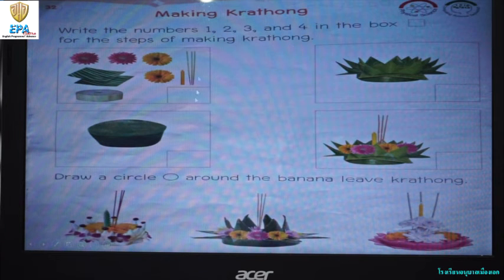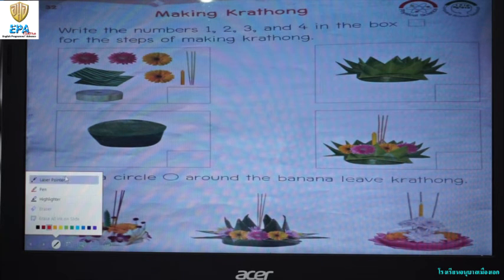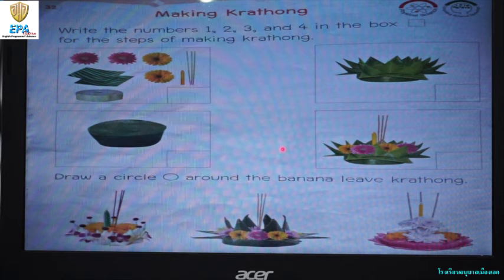So what do you think is the first step in making a kratom? The first step is you have to prepare the materials. And you already know the materials, right? So which of these 4 pictures should be in number 1? Okay, good job, kids. It is this picture. Prepare the materials. So you are going to write number 1 inside the box.